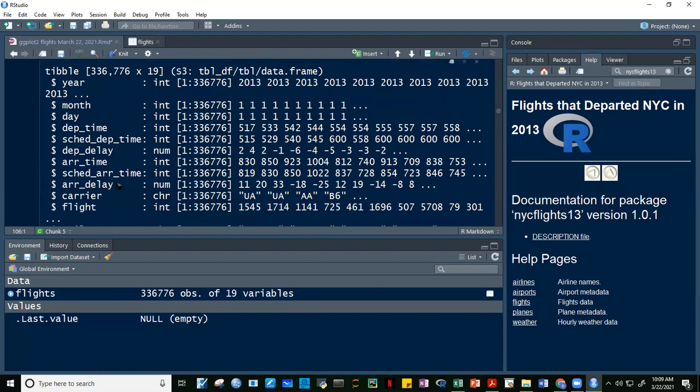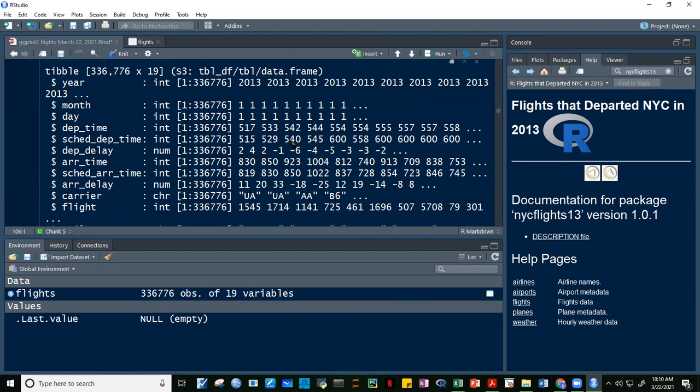Okay, so departure time, when did it leave, guys? The scheduled departure time, was there a delay? For example, this one was supposed to leave at 5:15, but it departed at 5:17, so there's a 2-minute delay here.